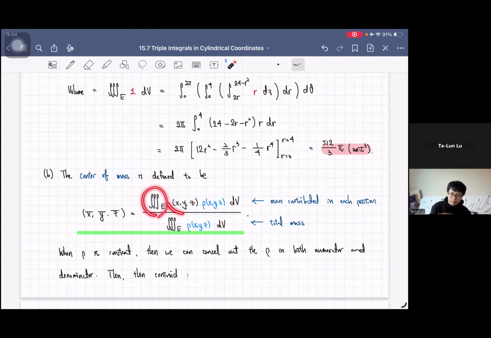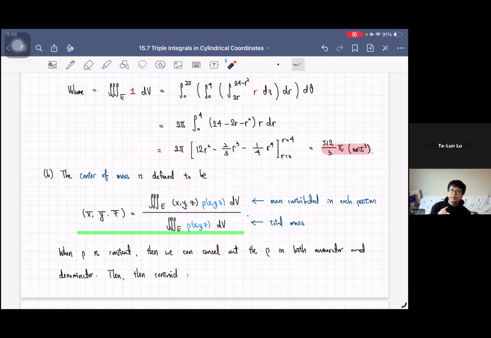We integrate the coordinate vector, or positional vector, x, y, z, times rho of x, y, z, which is the density at the point x, y, z, infinitesimal density to be precise, over the volume dV, divided by the actual mass, which is the integral of the density function over the solid E. Don't get me wrong, this is a very simple notation. I'm simply saying that we integrate x times rho to get the first coordinate x bar, y times rho to get the second coordinate y bar, and so on and so forth.